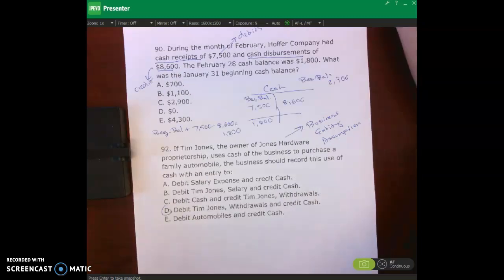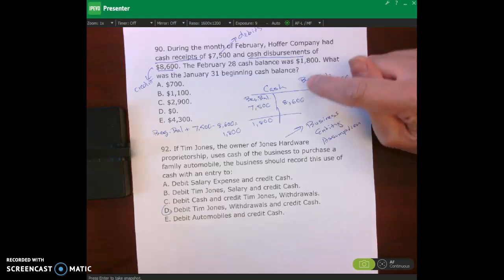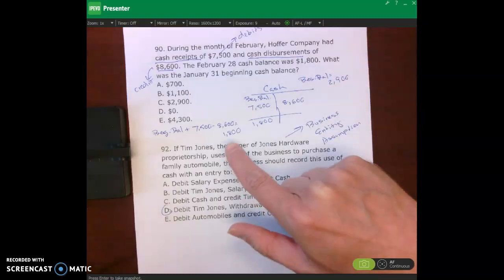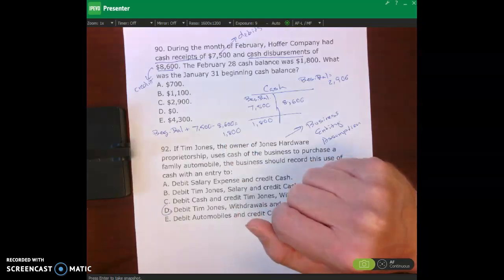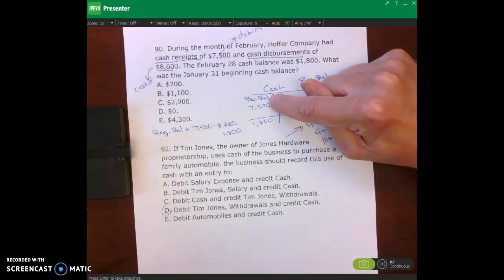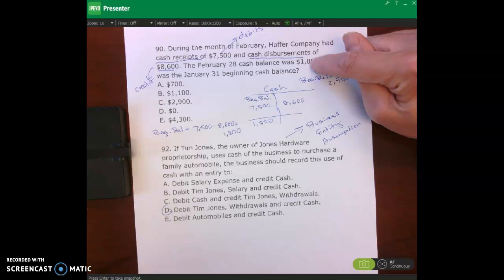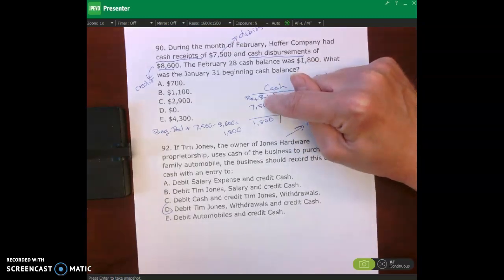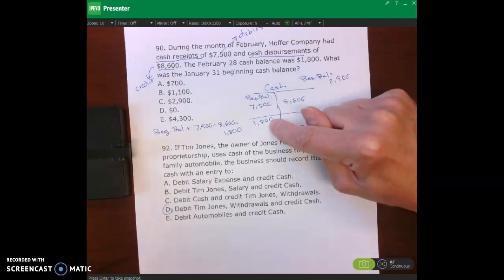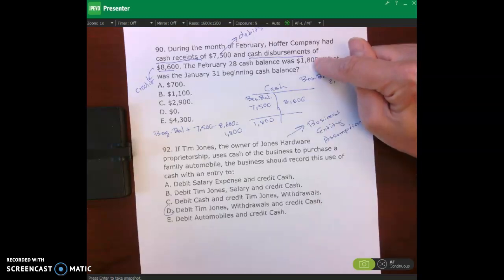Okay, so in terms of solving number 90, what you want to do is set up a T account and then use that T account to help you develop the algebra equation to solve the problem. We want to know what beginning cash is. We know the ending balance, because January 31st is conceptually like the beginning of February. We know ending balance is 1,800, and that's on the debit side because it's a normal balance.